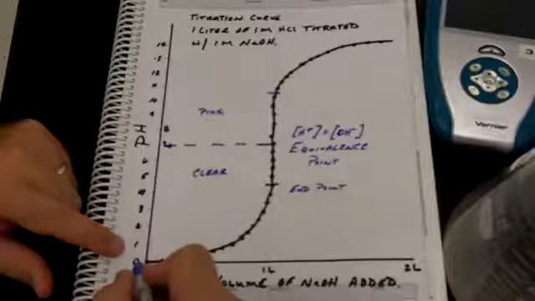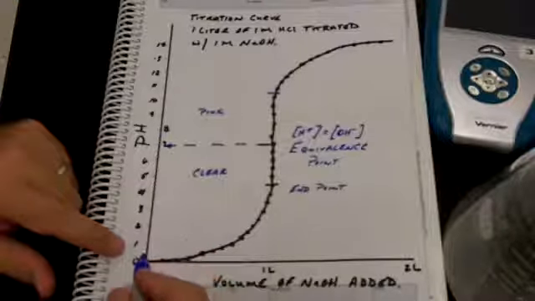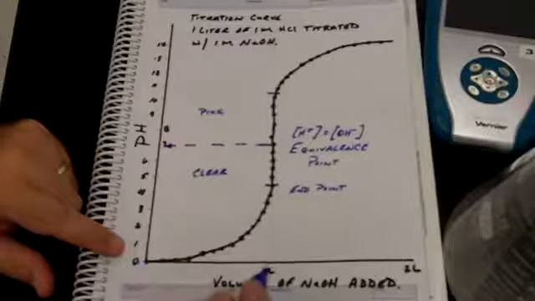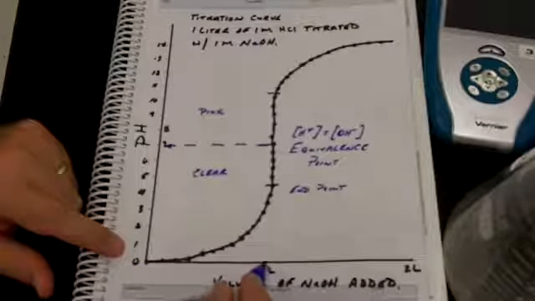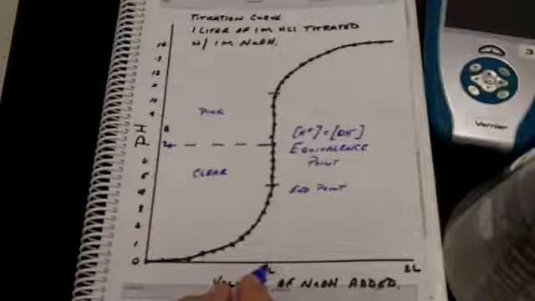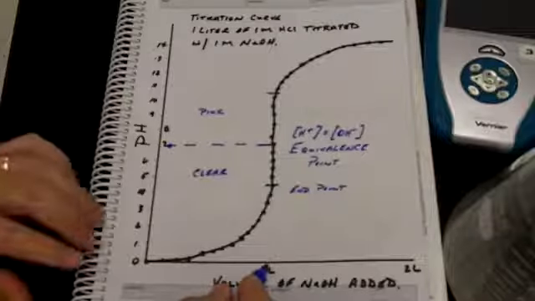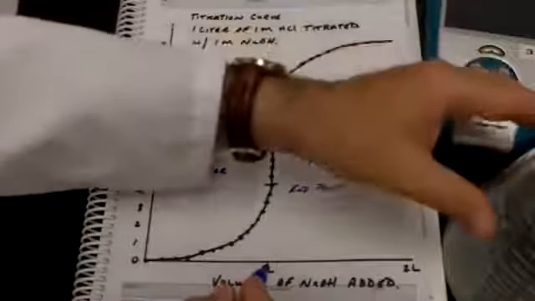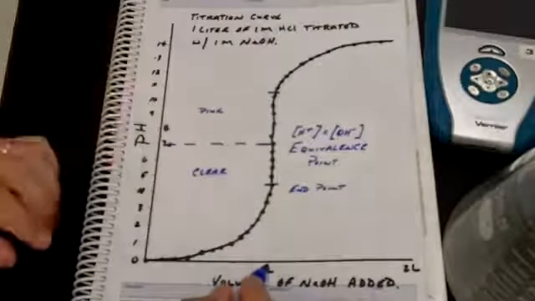To completely counteract that 1 mole of hydrogen ions, I'm going to need 1 liter of a 1 molar sodium hydroxide solution. So this is the equivalence point here. The 1 liter is the equivalence point. It's the point at which I have exactly counterbalanced the hydrogen ions that were in the flask with the hydroxide ions that came down from the burette.